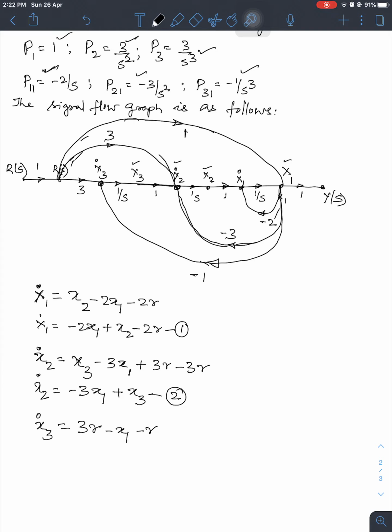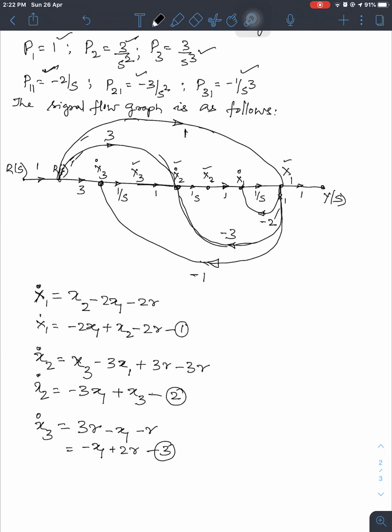These are the signals that we have at x3 dot: minus 3 times r, then minus x1, then again it will have minus r as another signal. So this can be further simplified and written as equal to minus x1 plus 2r. This is equation 3.